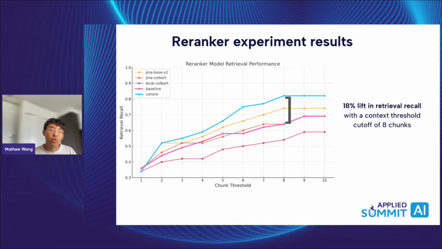After doing this exercise for a data set of 50 challenging questions, we're able to generate the results plotted here. There's a lot going on, but I want to unpack a couple of key points. The first is that if you recall the goals of the experiment, we want to understand whether the retrieval system performs better, and we also want to understand the amount of context we want to pass.